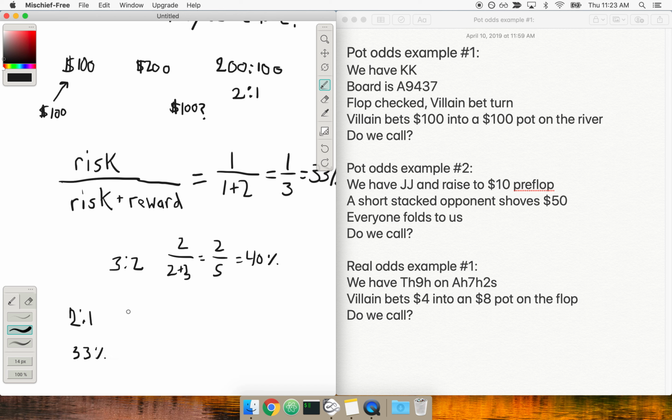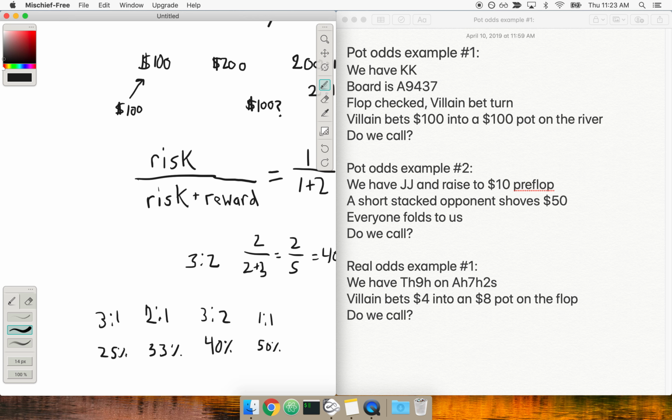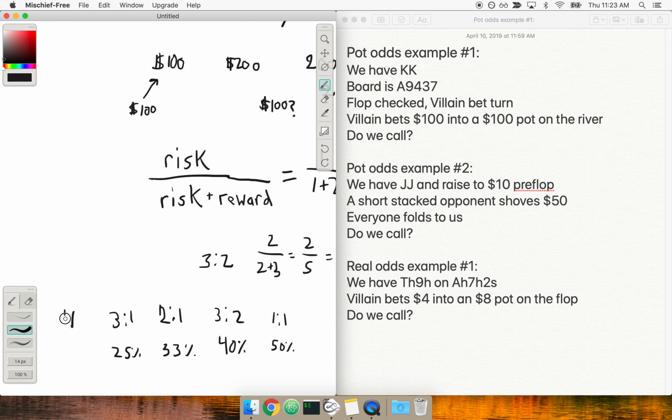If we have 3 to 2, we need 40%. If we have 1 to 1, we need 50%. If we have 3 to 1, we need 25%. And one more, 4 to 1, we need 20%.